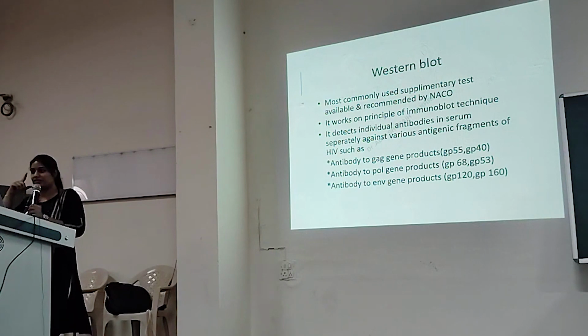The Western blot has all these antigens, all the proteins, including the glycoproteins, and all the numbers will be there on the strip. If we put the serum on the Western blot, whichever band is positive will show a positive color. So, we can know which virus it is infected with.